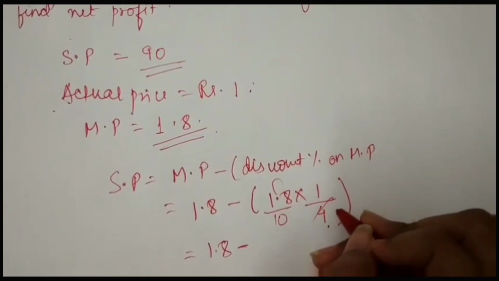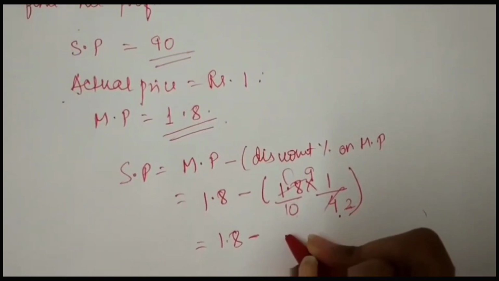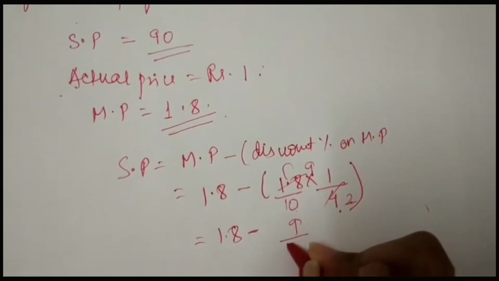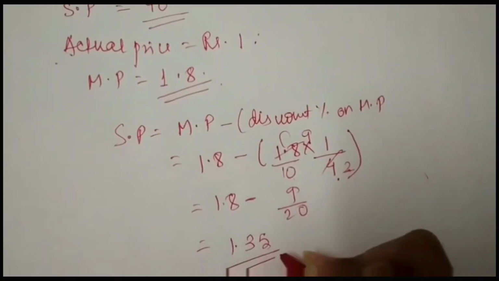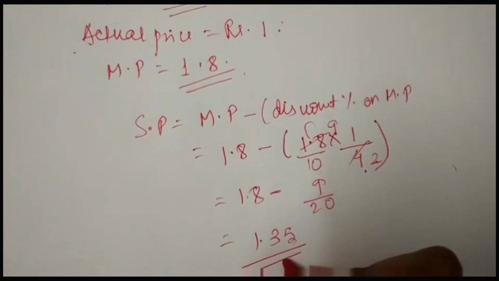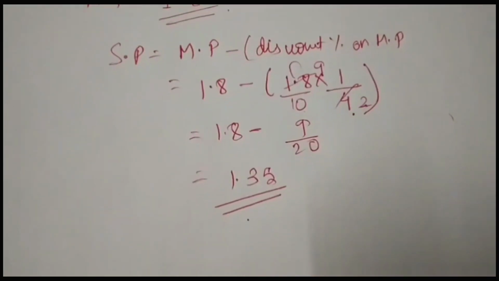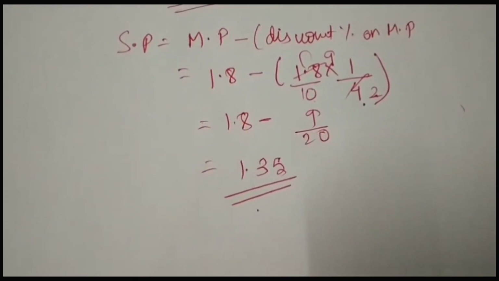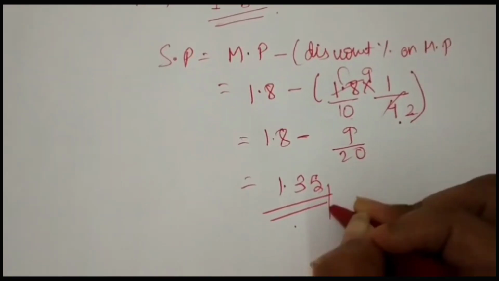Okay, so 2 2s are 4, 2 9s are 18, 9 by 20, and the answer can be 1.35. ठीक है, सो 1.35 हमने निकाला है, इसका जो हमारा सेलिंग प्राइस होगा. 1.35 जो आया है, दिस विल बी फॉर द 1 ग्राम.